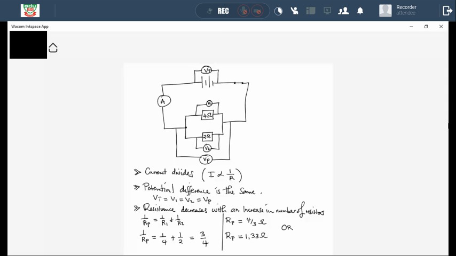So it means my 1 over Rp is going to be, already I've got 3 over 4, which takes note of those two parallel resistors, plus the other resistor, a 5 ohm, so plus 1 over 5.